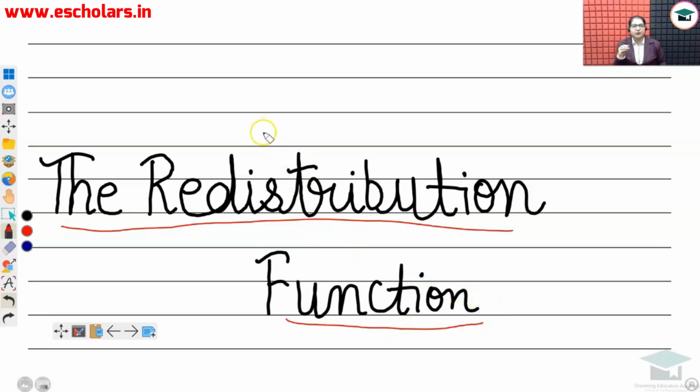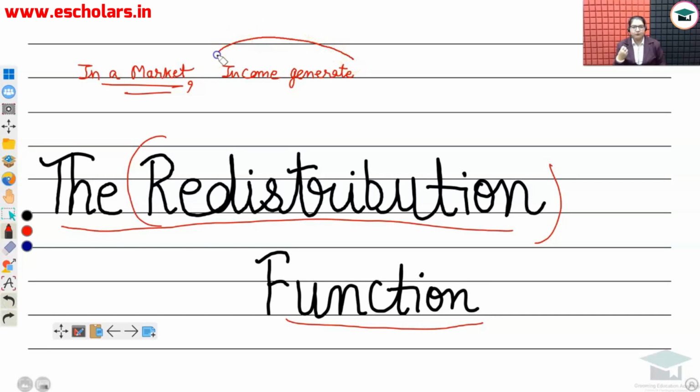Now students, what is basically the redistribution function which is performed by the government? See students, in a market where there is no government intervention, what will happen? Whatever income is generated in the economy will be distributed in such a way that the poor will become poorer and the rich will become richer.